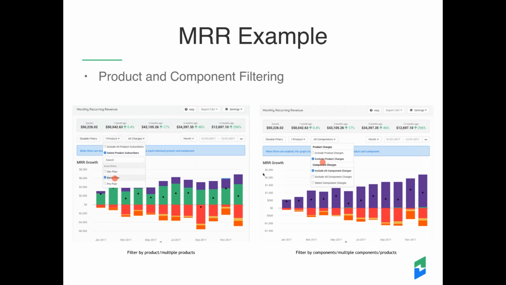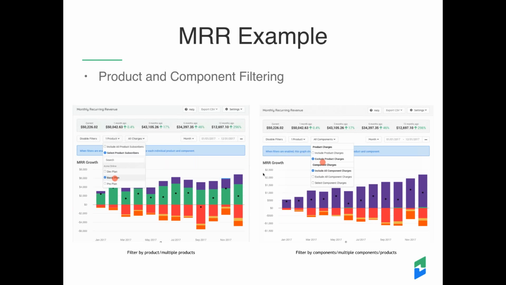So let's take a look at an MRR example, the new product and component filtering. With the image on the left, you'll see a new dropdown in your MRR report where you can filter by a single product or by multiple products. And when you do that, a new MRR graph will be created, so then you can analyze the data.